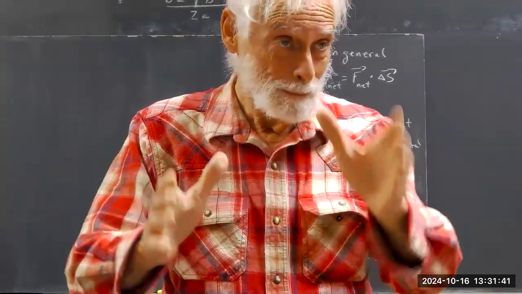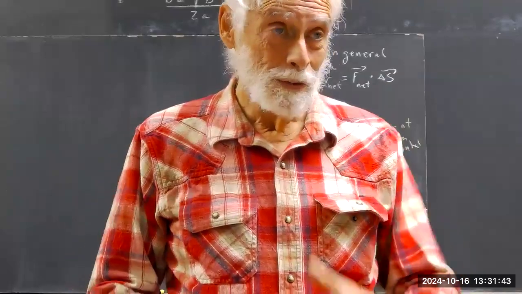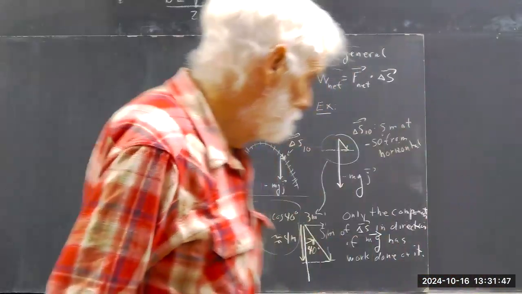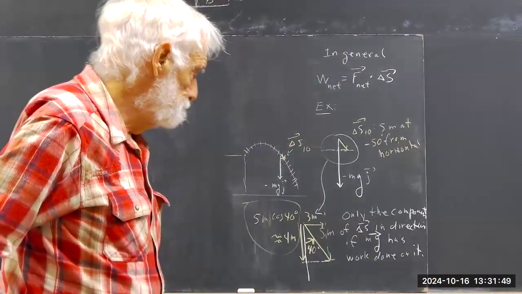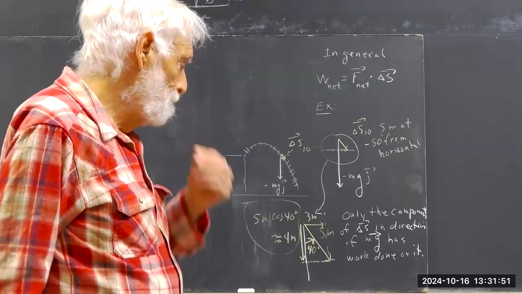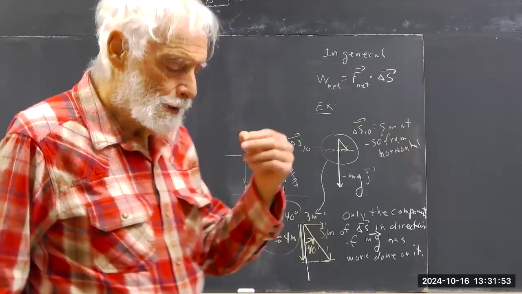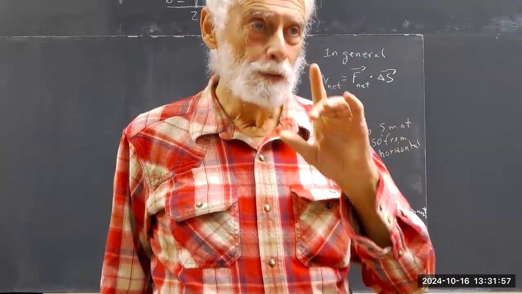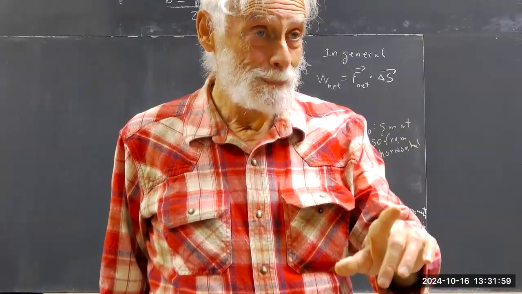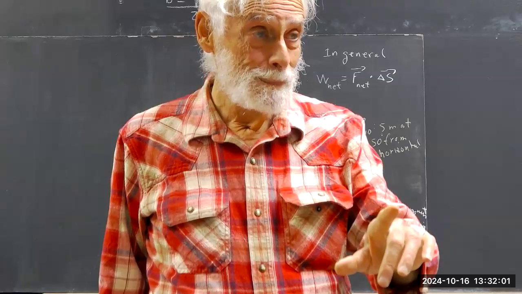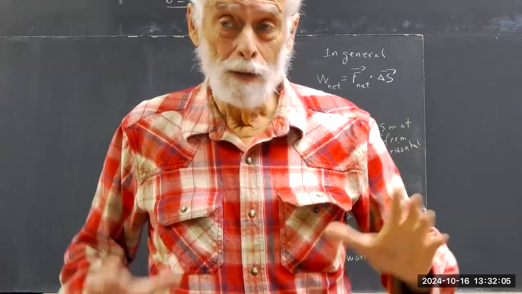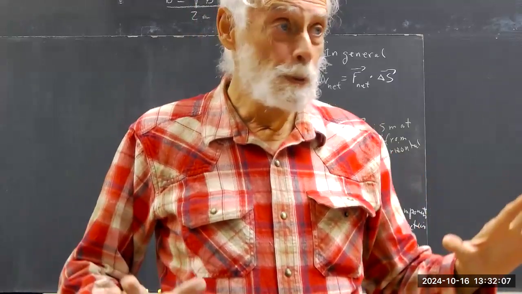You know, the wheels are set so they wouldn't move forward. So you're not doing any good by leaning on the door, right? Well, it's only the component of force in the direction of motion that gives you work.